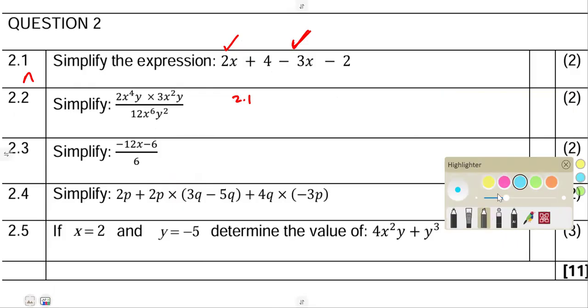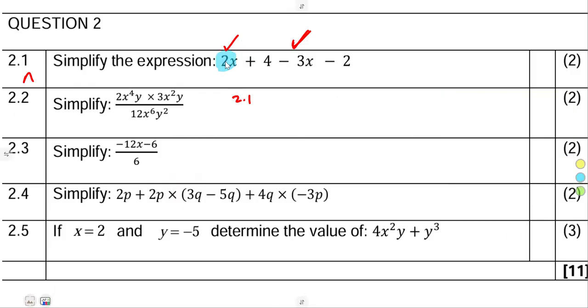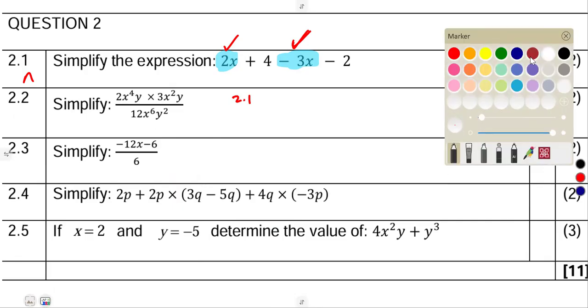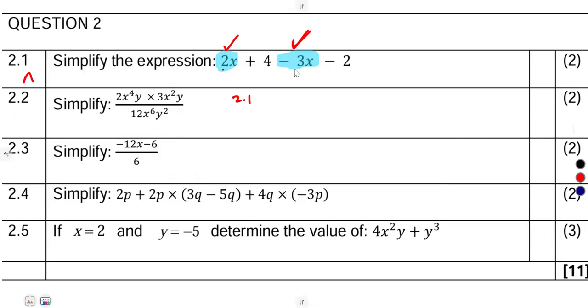Those are like terms, 2x and the minus 3x. So collect those: 2 minus 3 is what? Negative 1. So it was supposed to be negative 1x, which is the same as negative x.